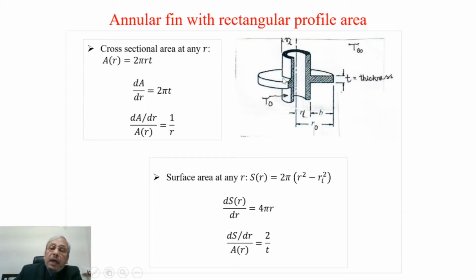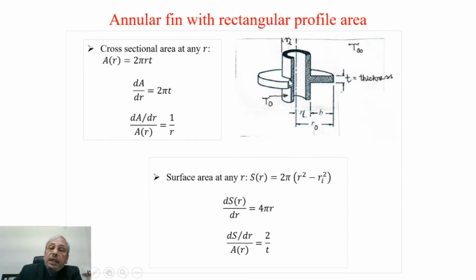So the annular surface starts from r equal to Ri, where the temperature is T0. In fin terminology, this is the base temperature. And then the annular fin has a finite dimension, which extends to r equal to R0. And the thickness of the fin is t. T infinity is the temperature of the local ambience.